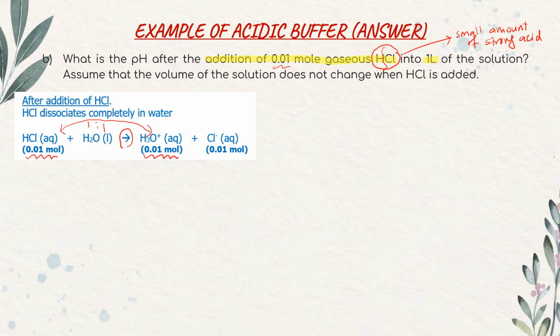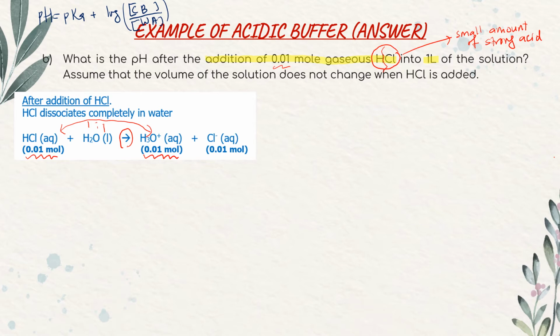So, this equation, pH equals to pKa plus log concentration of our conjugate base over weak acid. So, this is the equation.